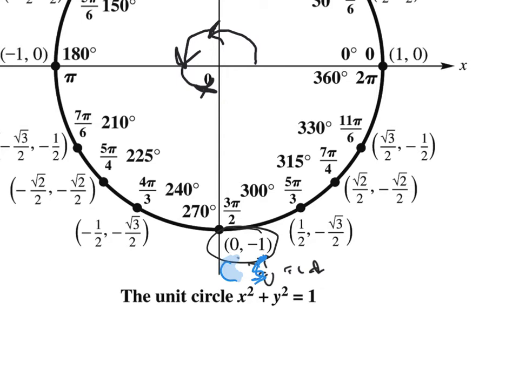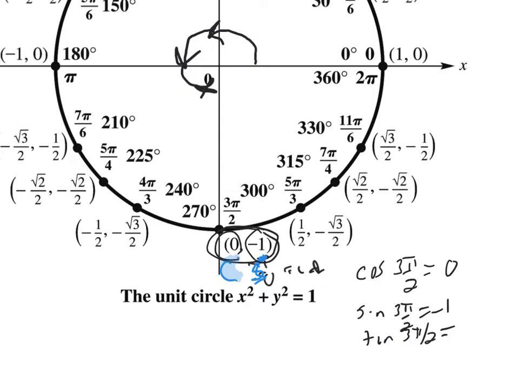So I should be able to write cosine of 3 pi over 2 is 0. Sine of 3 pi over 2 is a negative 1. Tangent of 3 pi over 2 is your y over your x, which is undefined.